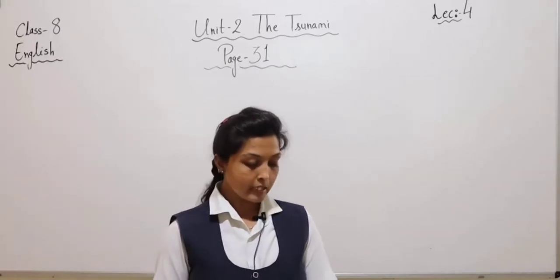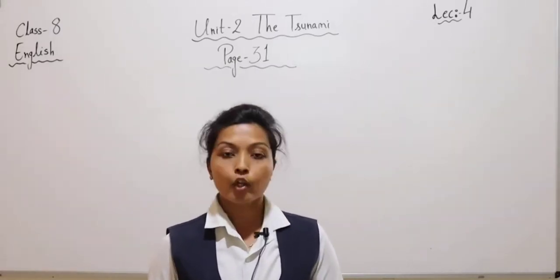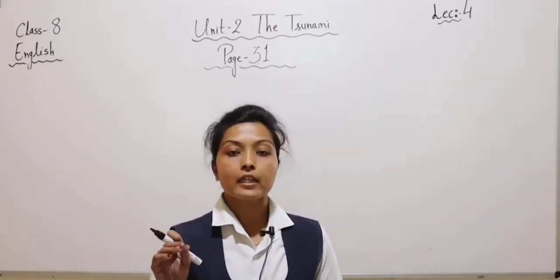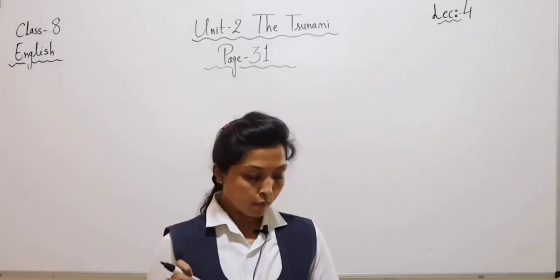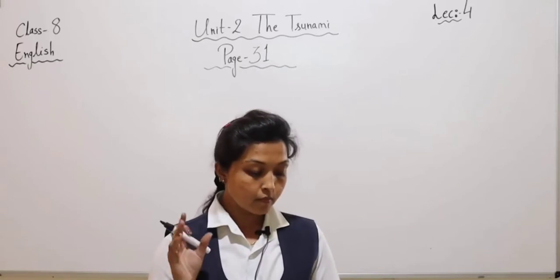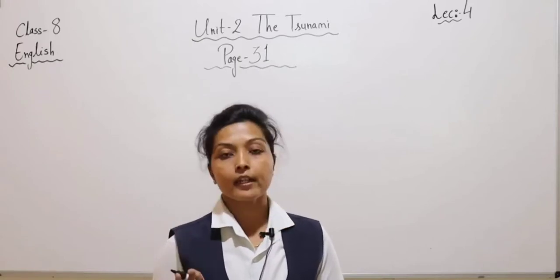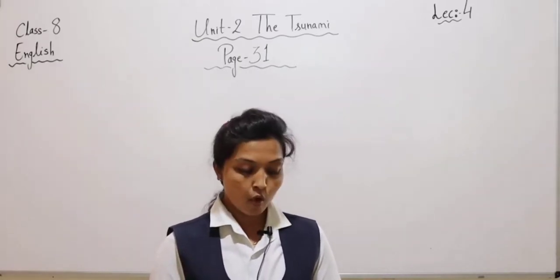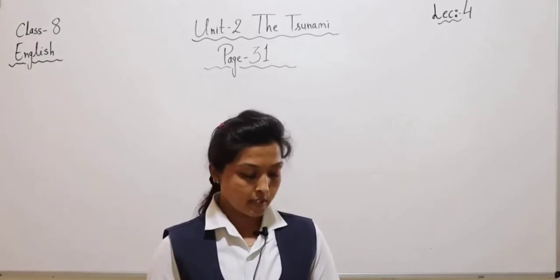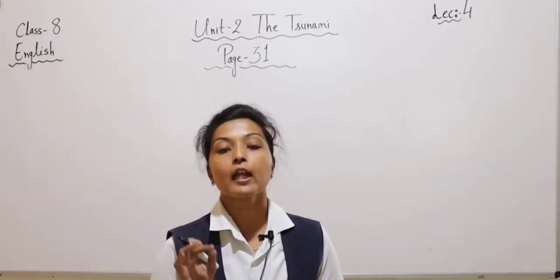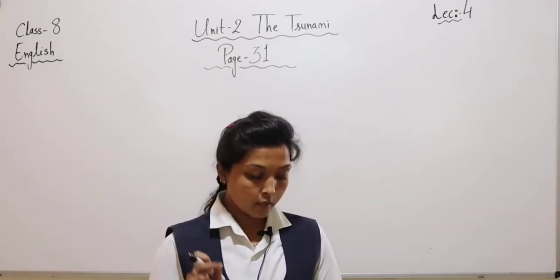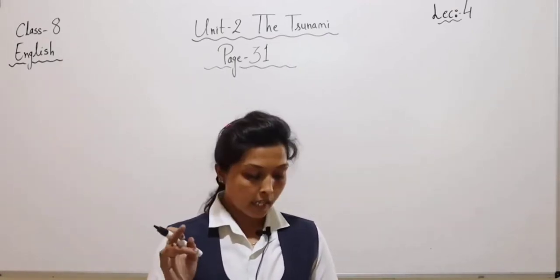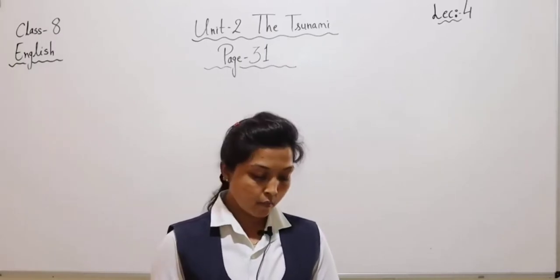Now say whether the following sentences are in the active or the passive voice. Some sentences are given and we have to identify whether they are in the active or the passive voice.